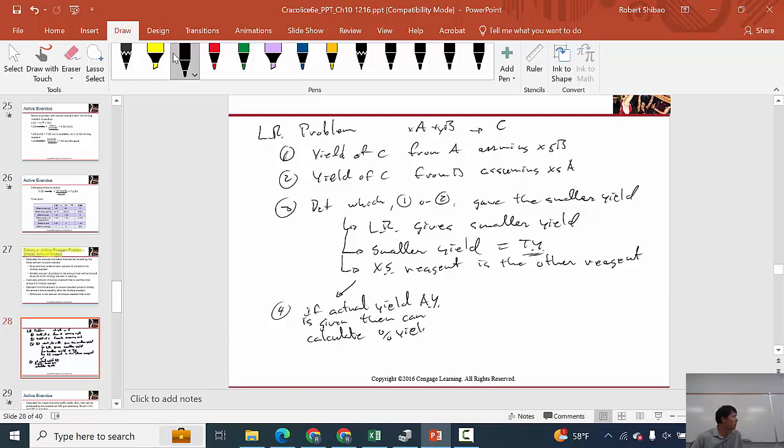So if we know how much we're supposed to get, let's say 100 grams, but you do the experiment, and you didn't want to hassle with getting every last drop or every last crystal or every last bubble of gas, then we would have lost some. We can figure out how much we lost and how much we recovered based on the percent yield. The percent yield tells us how much we actually recovered, and then we can subtract that from 100% to get the percent that we lost.